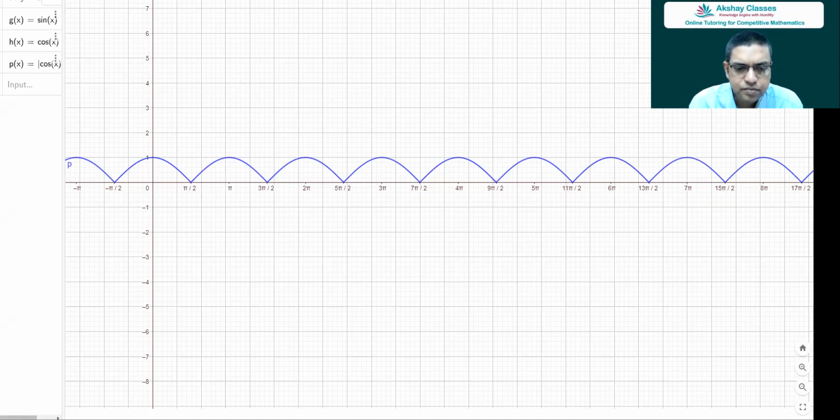So period of modulus of cos x is pi. And now you see from integral 0 to pi, this portion of the graph is repeating. This area is symmetric to this area about pi by 2.